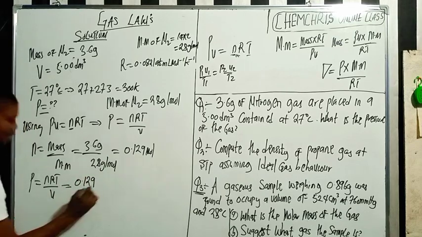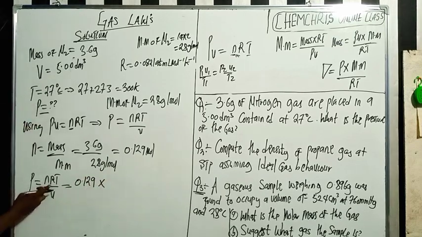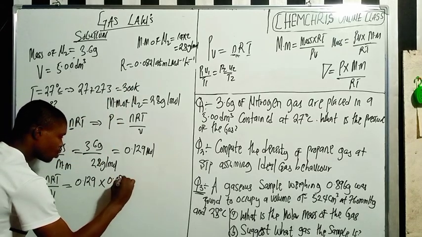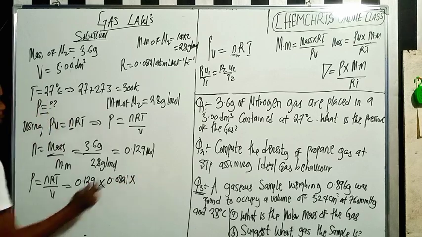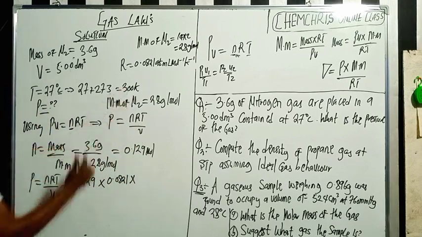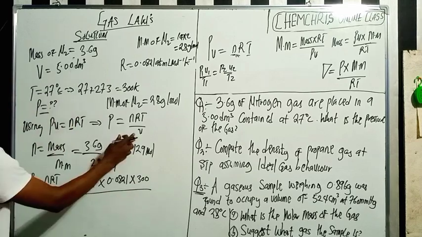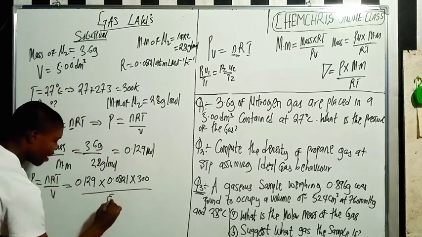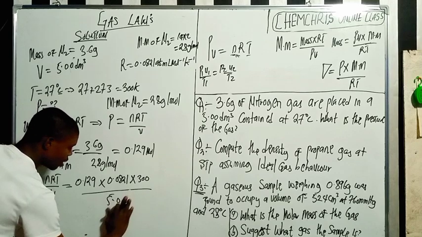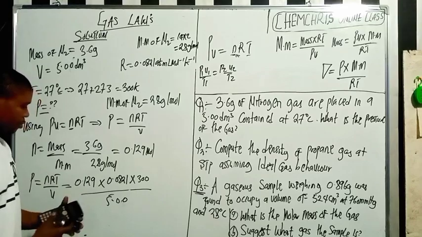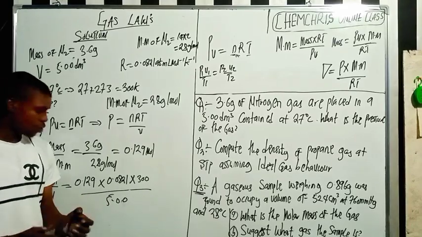0.129, right? Times. Now, where's my R? My R is 0.0821 times. Now, where's my T? My T is 300, right? Over. Now, my V is 5.0 dm cube, right? Let's leave it like that. So what I want to do here is first punch our calculator.